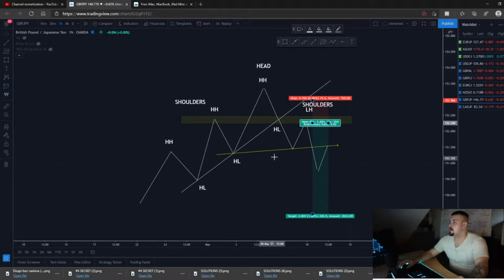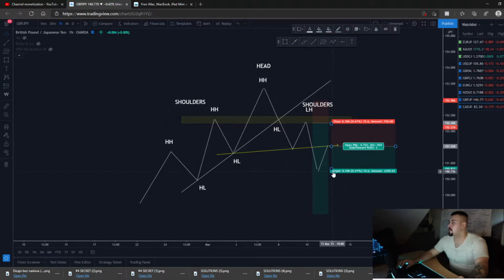Let me just put that right here. So these are the two possibilities in which you can take your trade.